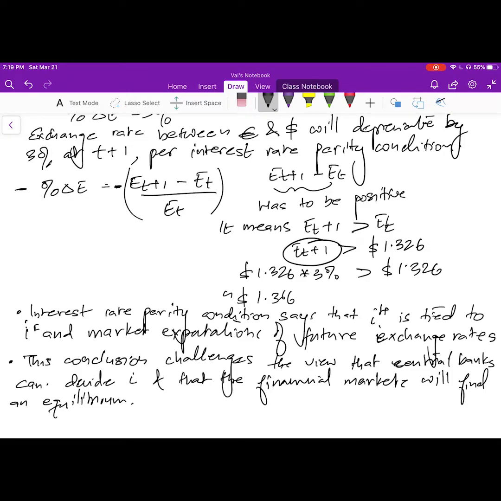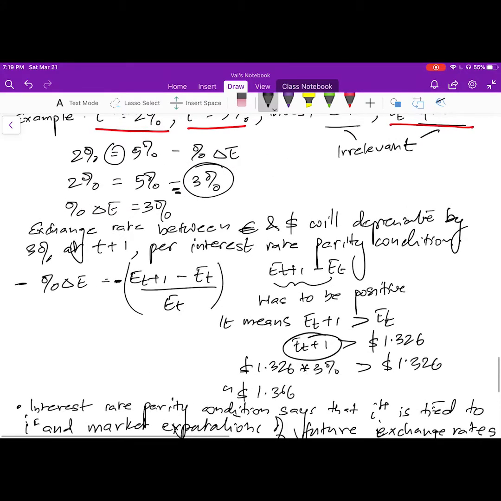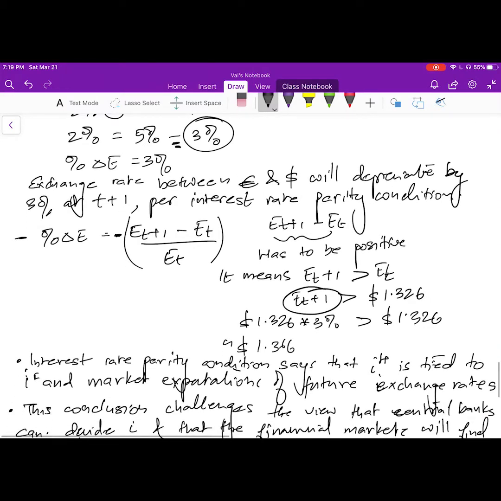So let's think about this, right? What we have just learned is essentially that your future guesstimation of the exchange rate is how home interest rate and foreign interest rate is tied with one another. Could you then say that interest rates are really determined by your and the market's expectations of future exchange rate?